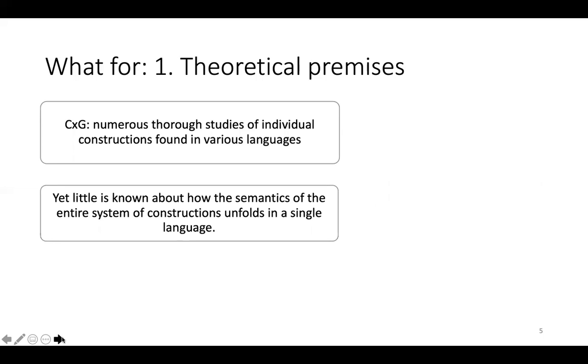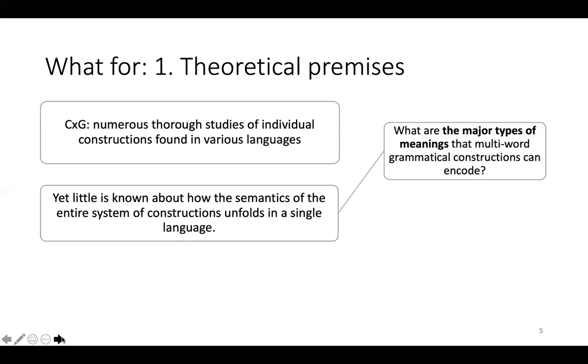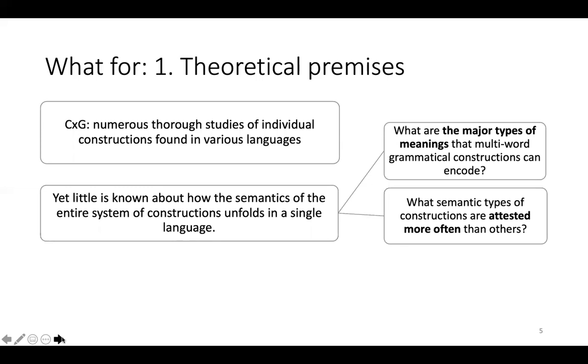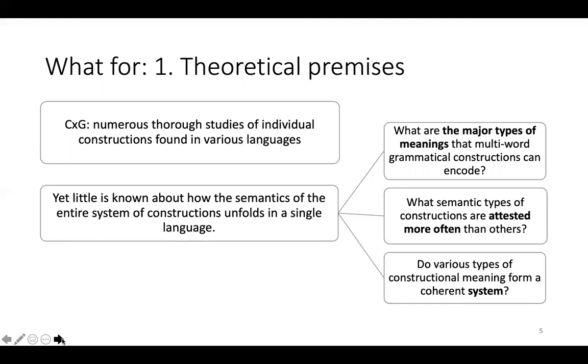In particular, there are many questions we can ask from the theoretical perspective. What are the major types of meanings that multi-word grammatical constructions can encode? What semantic types of constructions are attested more often than others? And do various types of meaning form a coherent system? And if so, how is it organized?